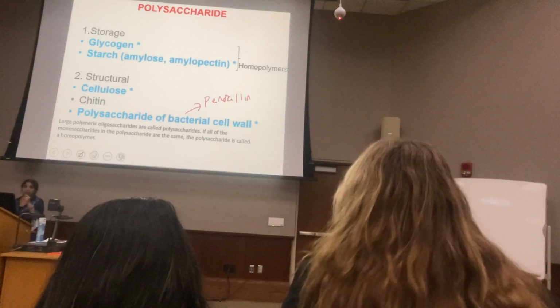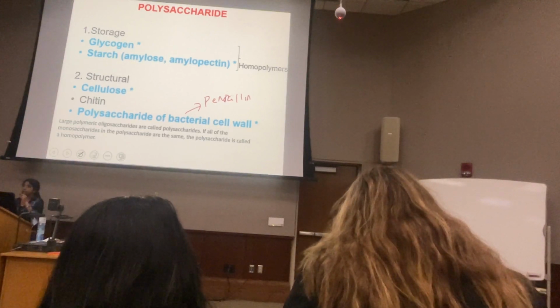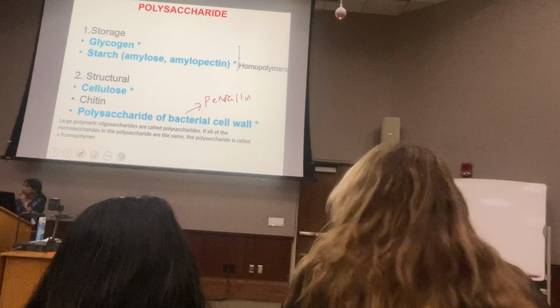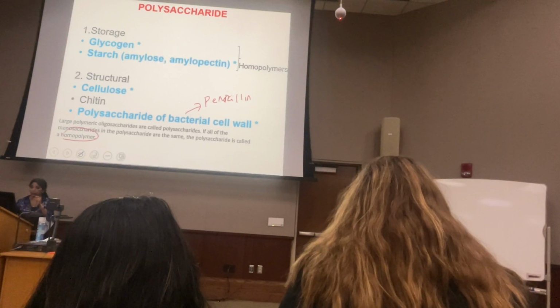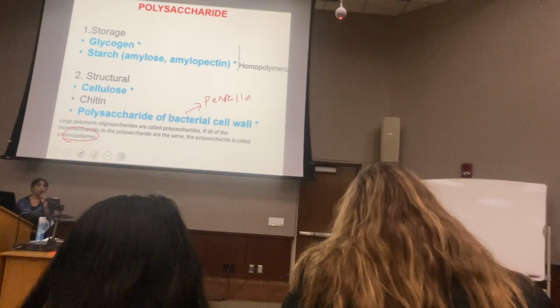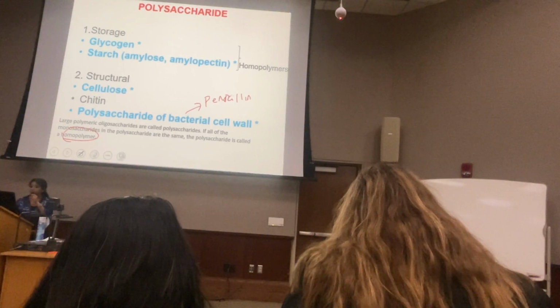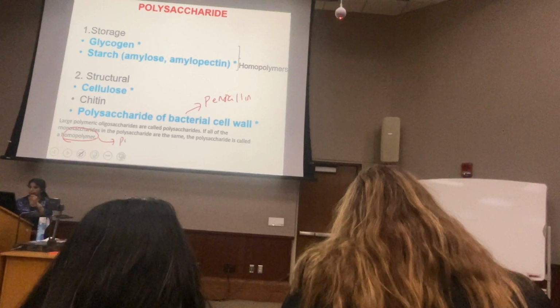When the same sugars, say glucose, all our glucose molecules, are bound together, they're the same. So when they're the same, they're called a homopolymer. Polymers are chains.